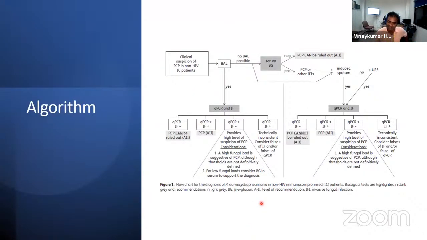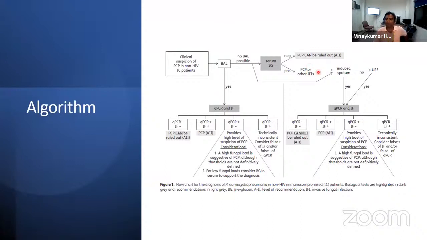So summarizing, these are the ESCMID guidelines for non-HIV patients. In a patient with clinical suspicion of PCP who is non-HIV, you do a BAL. If BAL is not possible, you do a beta-D-glucan. If your beta-D-glucan is negative, Pneumocystis is ruled out. If it's positive, it can be Pneumocystis or another invasive fungal infection.